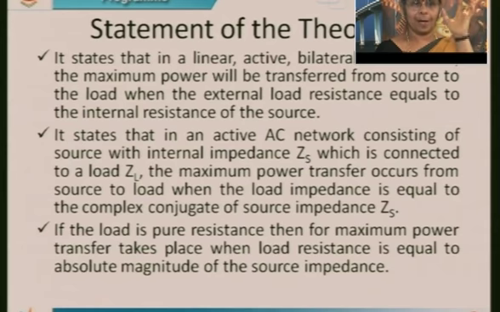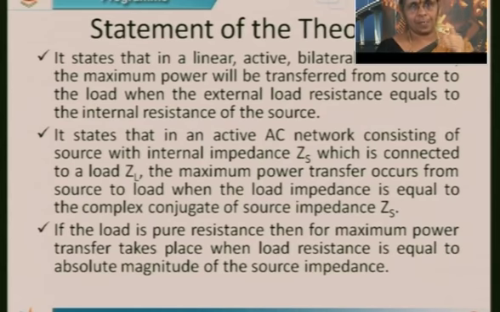You know that the magnitude is nothing but the square root of R square plus X square in case of impedance. So when you find the magnitude of the source impedance, the load resistance will be adjusted in such a way that its value is equal to only the magnitude of the source impedance.